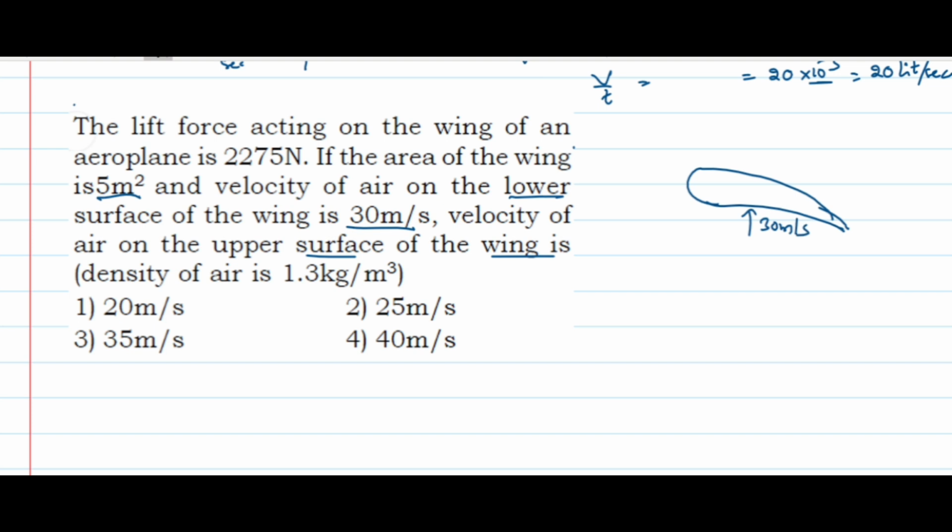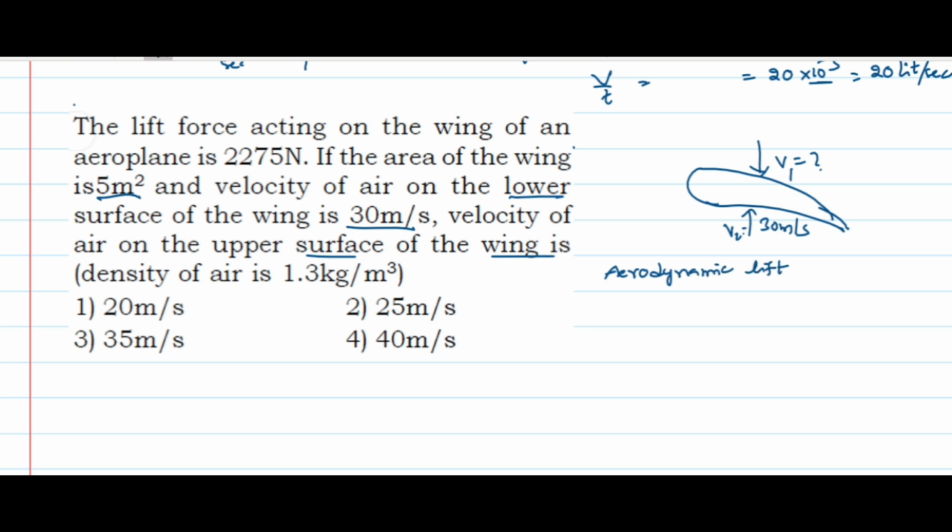The velocity on the upper surface we need to calculate. Let us take this as V1 and this as V2. According to Bernoulli's principle, the net upward thrust acting on the body is called aerodynamic lift.